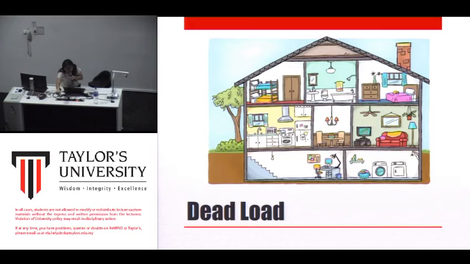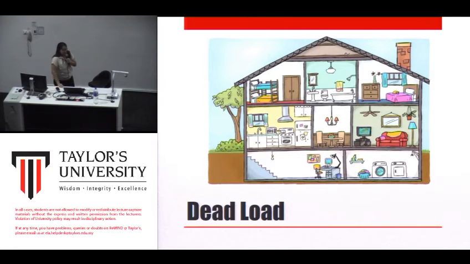What do we have here on the floor? We have carpet, which is actually one of the floor finishes. All right, floor finishes, services, the building itself, brick wall, and then the roof. So these are the dead load.